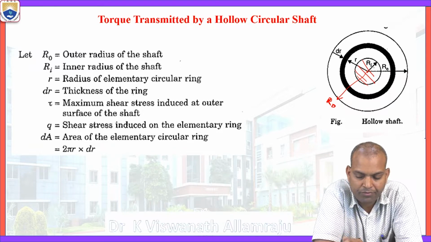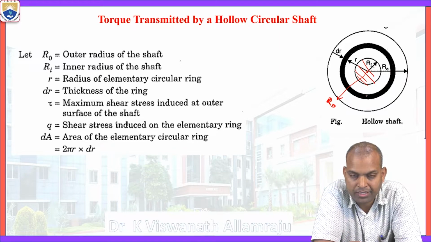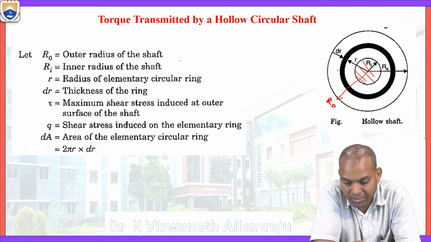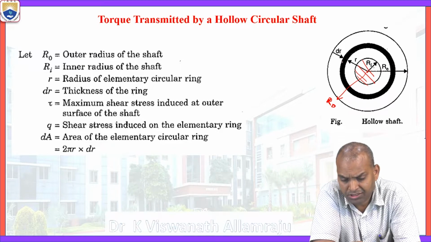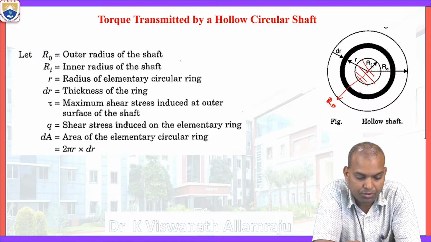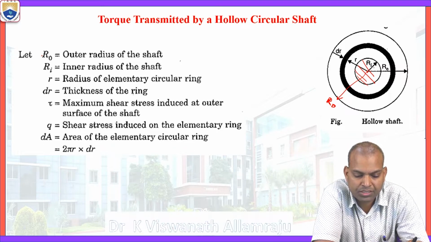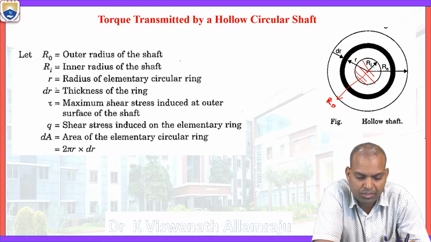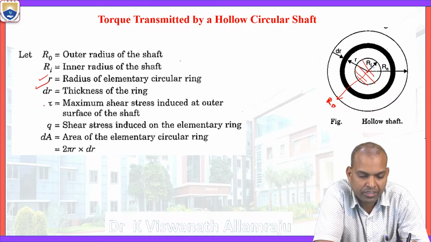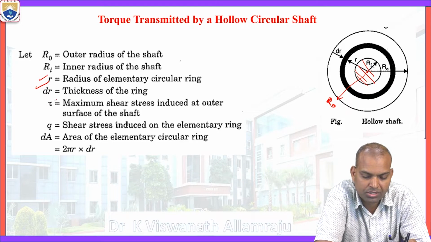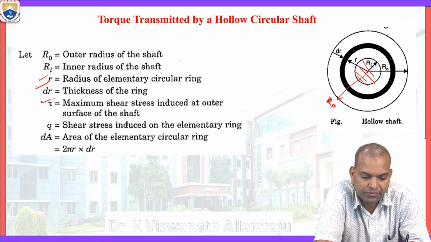In the same way, we consider here an elemental ring at a radius of small r, and the thickness of that elemental ring is dr. Here Ro is the outer radius of the shaft, Ri the inner radius of the shaft, small r the radius of the elementary circular ring, dr the thickness of the ring, and tau is the maximum shear stress induced at the outer surface of the shaft.